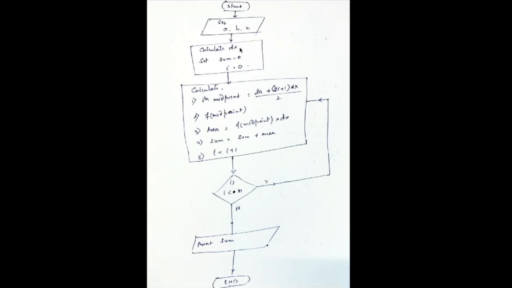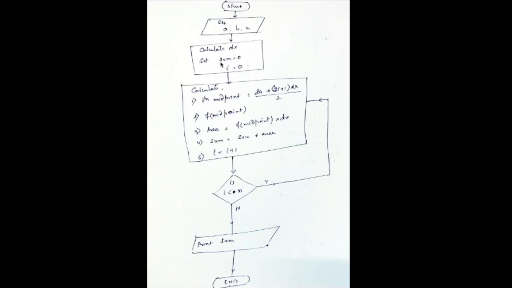You set your initial, final, and number of intervals. Then you do some initial calculations. From this you can calculate your dx, which will be simply b minus a divided by n. So the width of each interval can be obtained from these three. Then you need one variable to store the area of the integration.